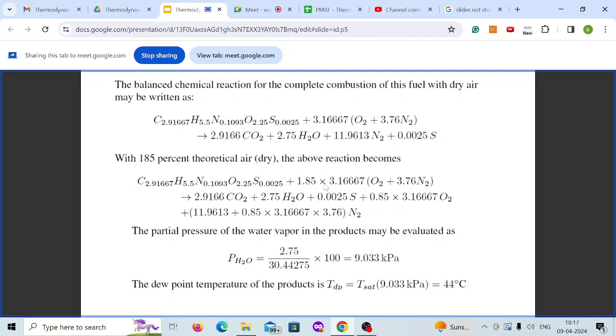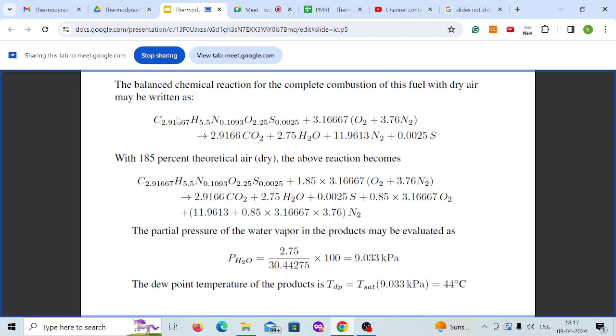Previously you had this combustion, plus you have 0.85 times oxygen which is not taking part in combustion, and similarly the same part of nitrogen from the air. So it's getting added here. Now we know the complete equation.